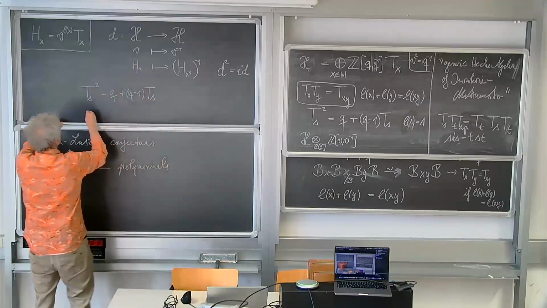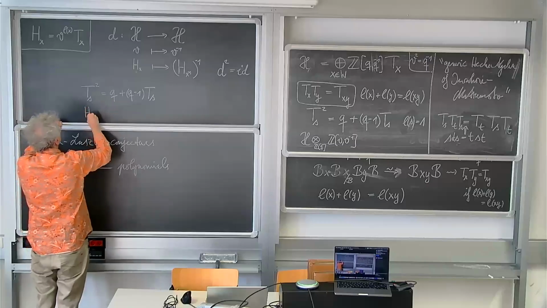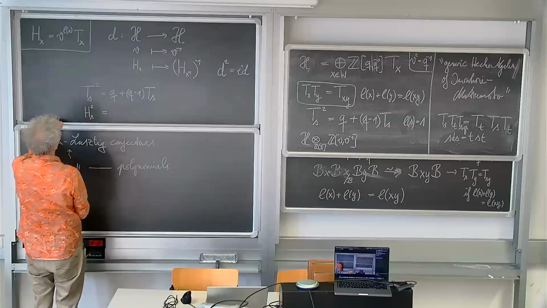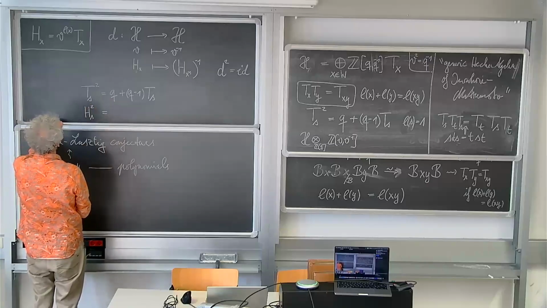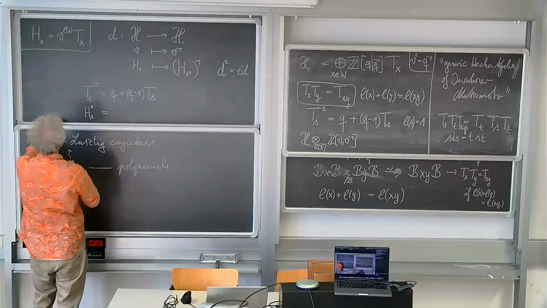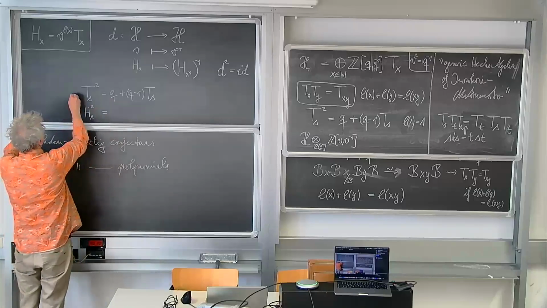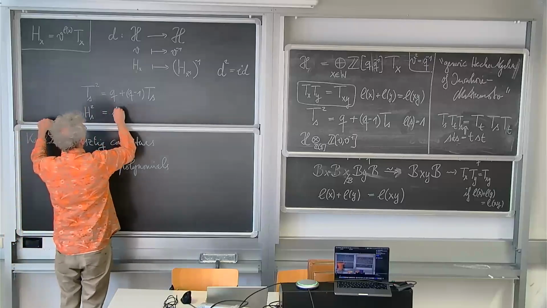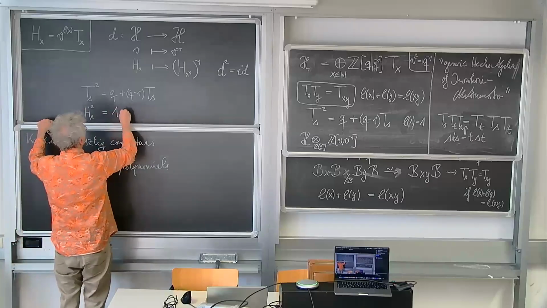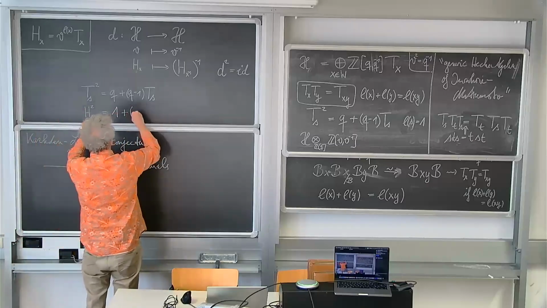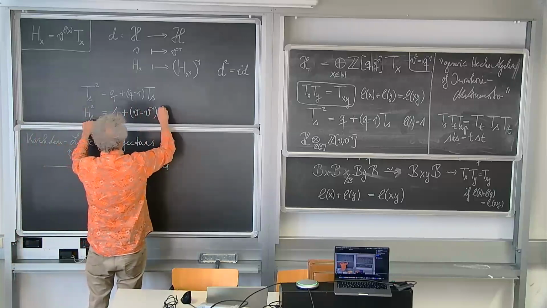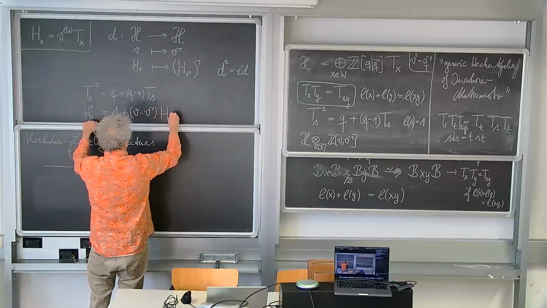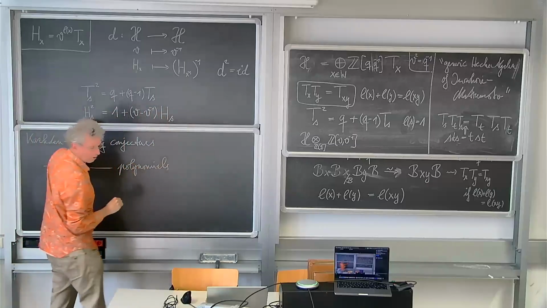So we would have H_s squared is, we have to multiply with v squared, so it's 1. We have to multiply with v squared plus v minus v to the minus 1 times s. And I hope I got it all correct.